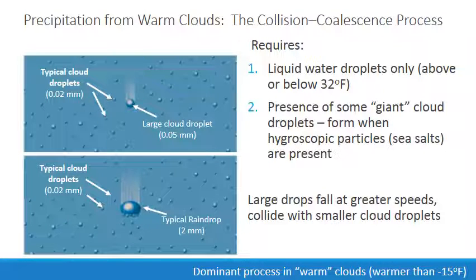The larger droplets fall through the cloud faster, colliding with smaller, slower droplets, and they coalesce. They become larger in the process and fall even more rapidly, or rise more slowly in an updraft. That increases the chances of collision and the rate of growth. So after a million or so cloud droplets coalesce, they form a raindrop, and that's large enough to fall to the surface without evaporating.